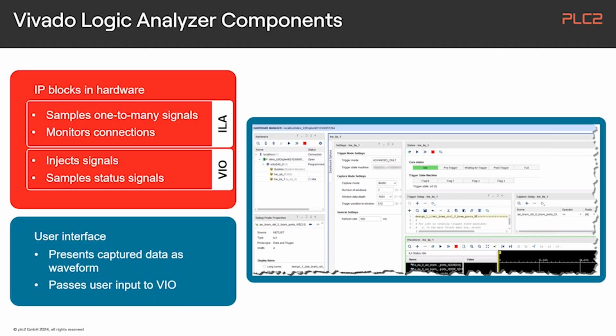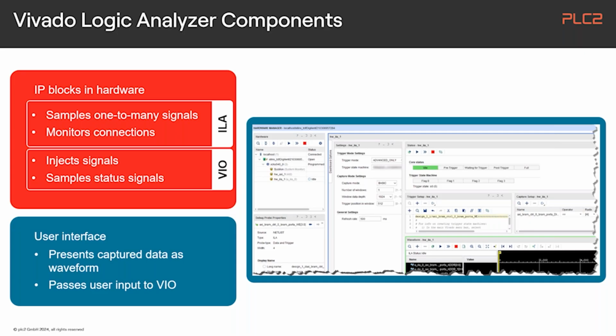Here is the Vivado Logic Analyzer GUI. It is comprised of two portions. The first resides in the hardware itself as IP block implementation, so ILA or VIO, and even multiple instances of ILA, and also multiple instances of VIO, are supported.